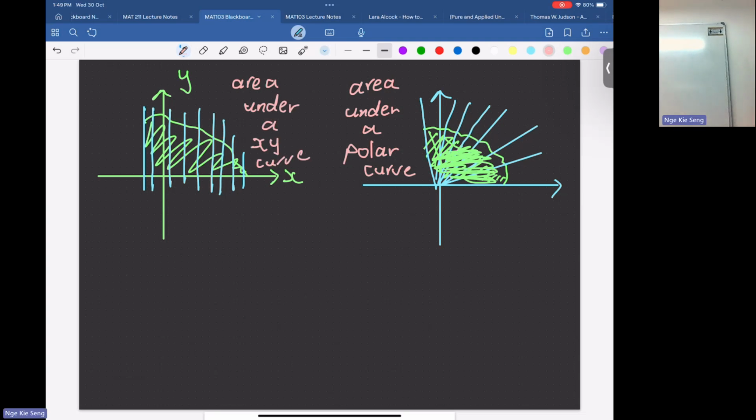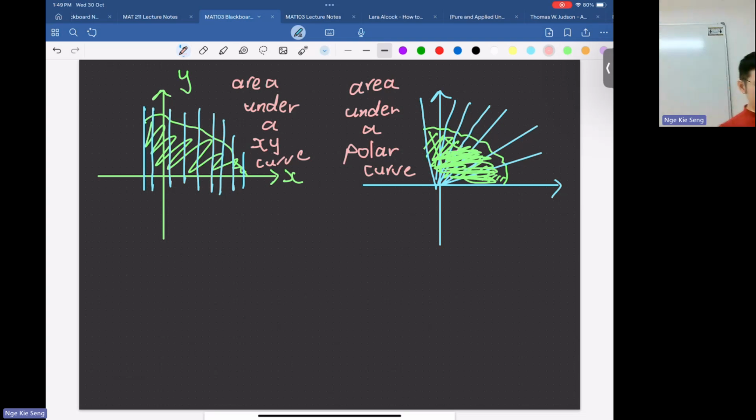So you need to be careful when we talk about polar area or xy area. The curve is the same, but the area under the curve is different. This depends on what kind of axis we look at.